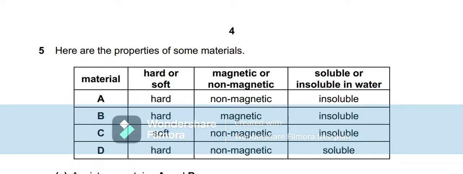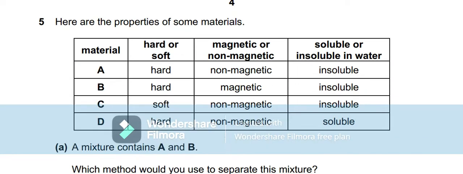Number 5, this is about materials. If you look at these materials, we have material A, B, C, D, and we have the next column, which is telling us whether it's a hard or soft material. Then the other column is telling us whether it's non-magnetic or magnetic. If it's magnetic, it means that it attracts to a magnet. If it's non-magnetic, it does not attract to a magnet.